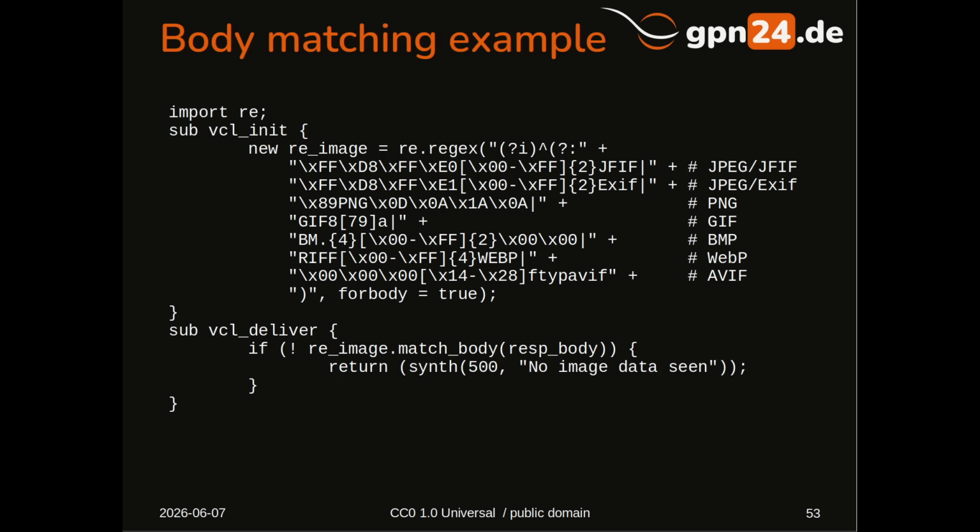No. It only checks the magic string at the beginning of the object. So it's basically answering the question: does it look like an image? A bit like file on Unix, BSD, whatever, where you would look at the magic in the beginning of a file.